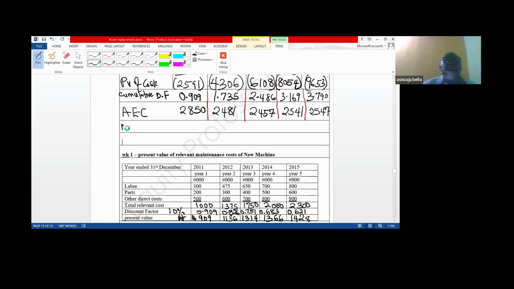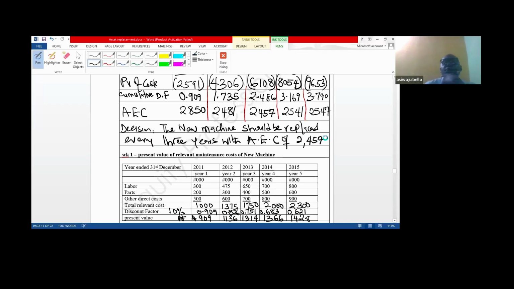So your decision: the new machine should be replaced every 3 years with annual equivalent cost of 2,457,000.